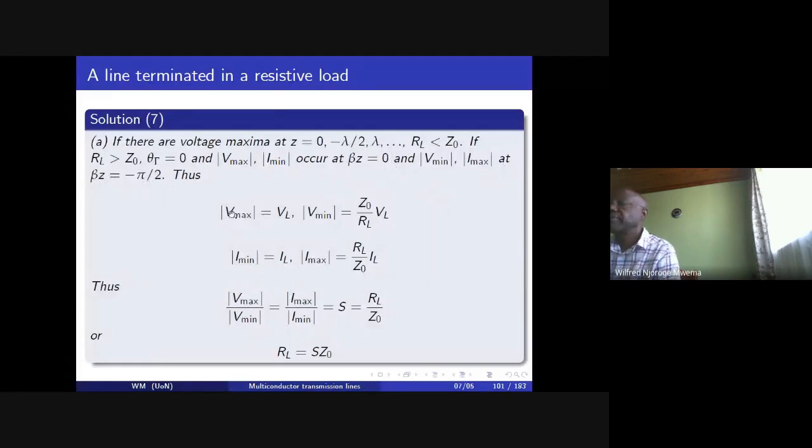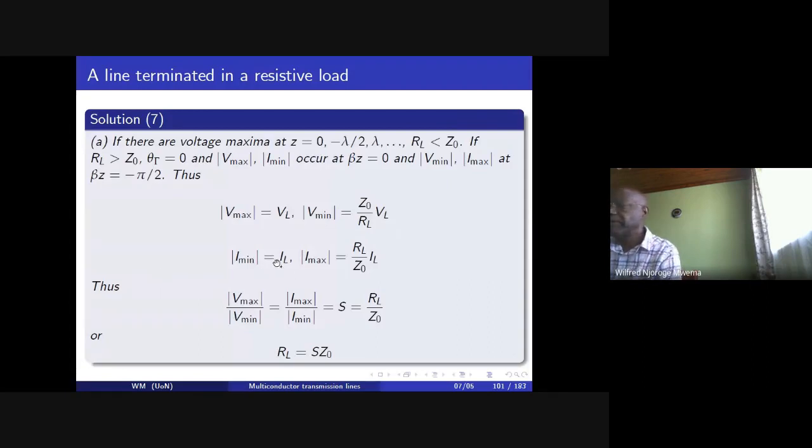And thus, we can write that Vmax is going to be equal to VL, that is, at the position of the termination the voltage is maximum and is equal to the load voltage. The minimum value is going to be given by Z0 by RL multiplied by VL, where VL by RL is of course IL, multiplied by the characteristic impedance of the line.